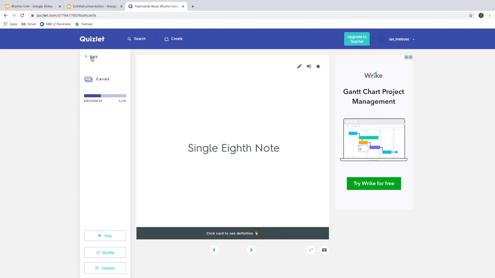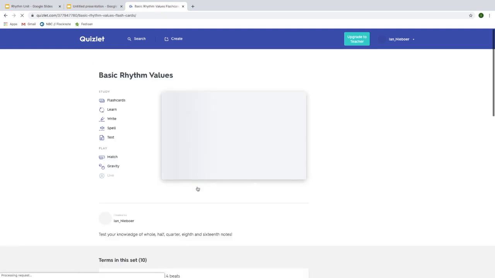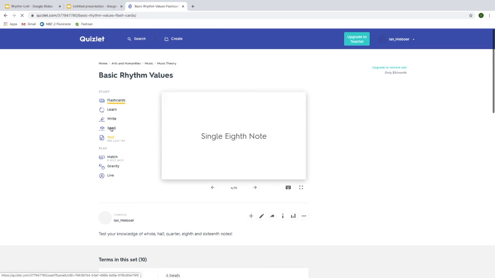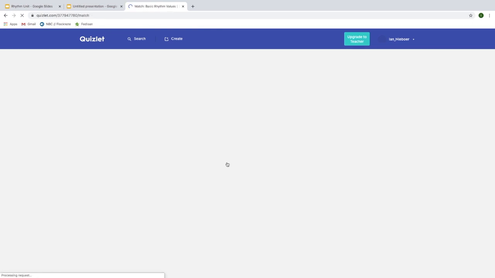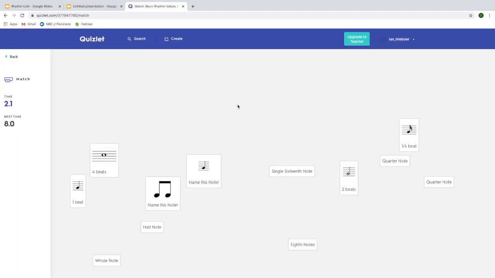Okay, so you can test your knowledge, you can take a test here, you can practice by writing out the things, you can do a matching game, where you match them up, and all you have to do is drag them on top. Name this note. We'll do this one here, a whole note, 4 beats.